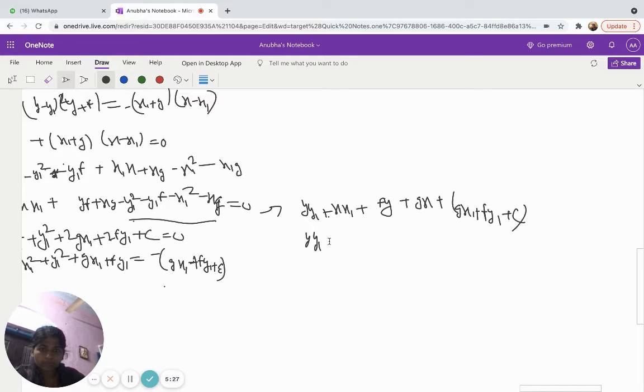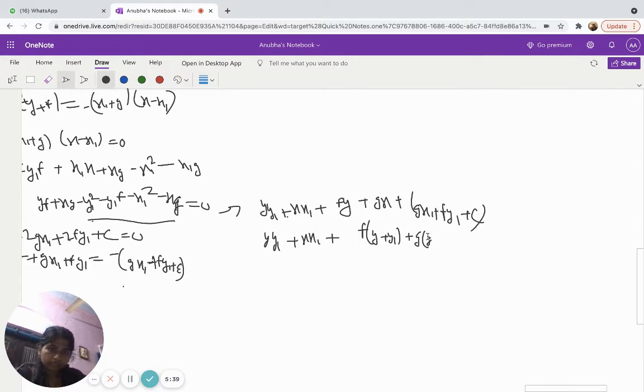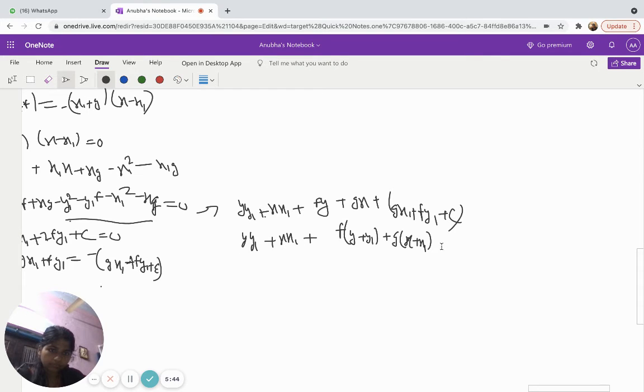We combine x x1 plus y y1 plus, taking f common, f of y plus y1, plus g common, g of x plus x1, plus c. So we got this, the equation of tangent.